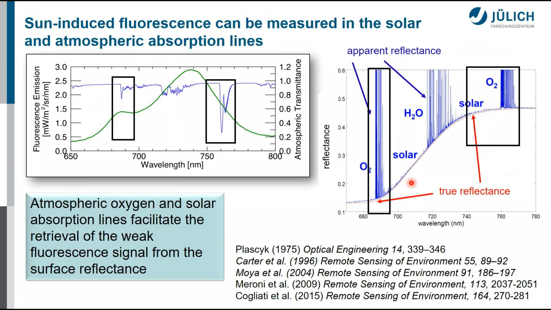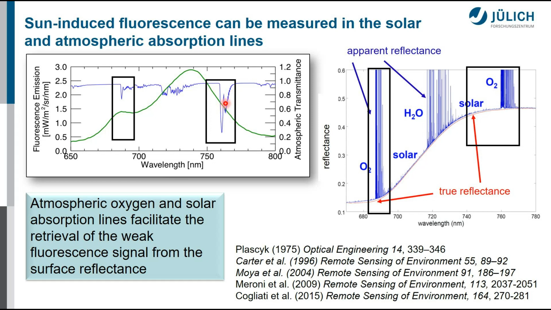And again, I would briefly like to take you back to the thoughts of a Russian engineer in the 17th, who already realized that if we look on the one hand at the emission of the fluorescence light, which is the green curve in this case, and if we also consider the transmissivity of our Earth atmosphere, which is the blue curve, the emission of the fluorescence light just by chance falls in line with two big absorption lines in our Earth atmosphere.